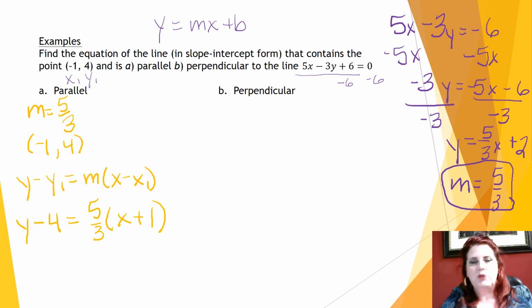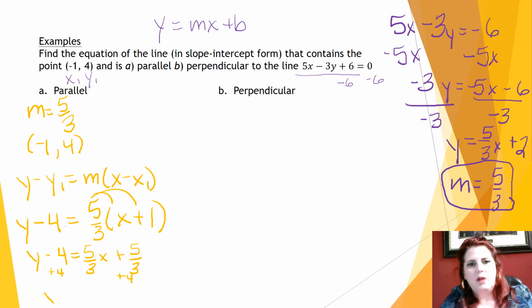And I'm going to solve for y. So first thing I'm going to do is distribute this 5/3. So I get y minus 4 equals 5/3 x plus 5/3. And I'm going to add 4 to each side.